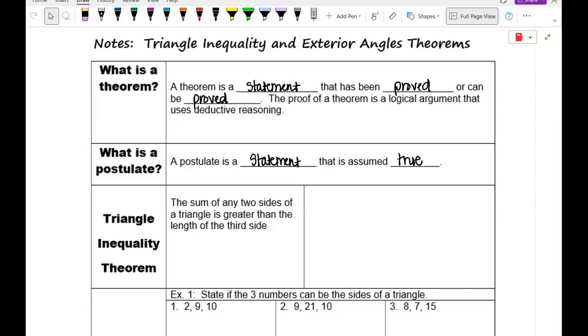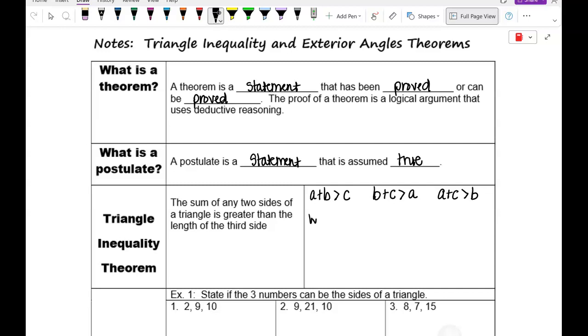And at the end of the exercise, we came up with the triangle inequality theorem that says the sum of any two sides of a triangle is greater than the length of the third side. So what that means is A plus B had to be greater than C. B plus C had to be greater than A. And A plus C had to be greater than B.